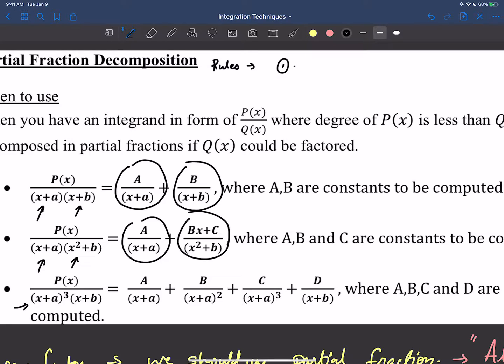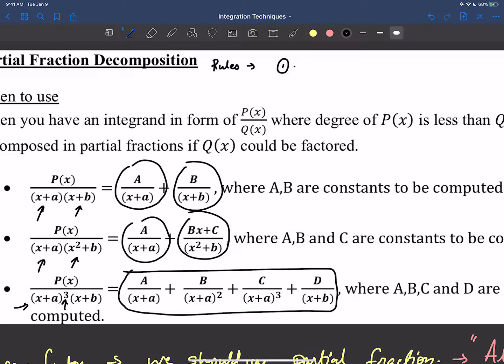However, in this case, you have two factors, but one of them is repeating thrice because it's raised to the power of 3. So in essence, what you have is two factors, good, but one of them is repeating 3 times. So in total, you have 3 factors of one kind, and then one more. So a total of 4 factors, right? So that's why this side has 4 expanded terms in it, okay?